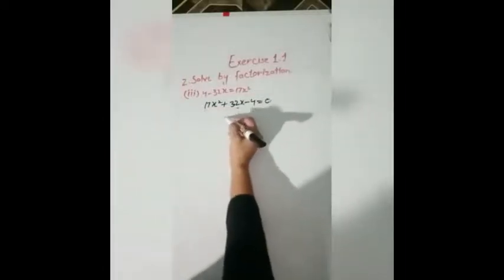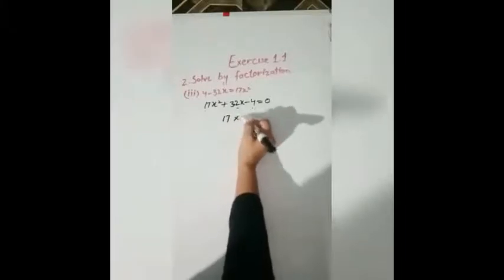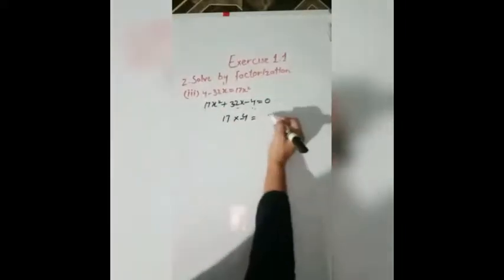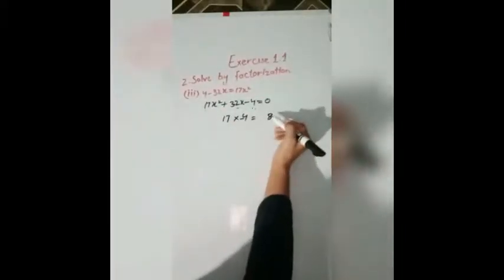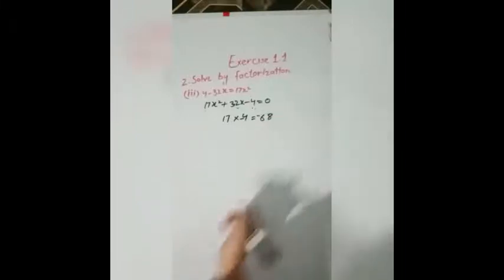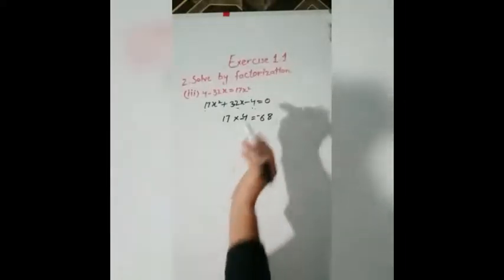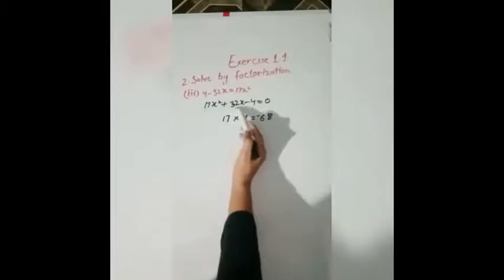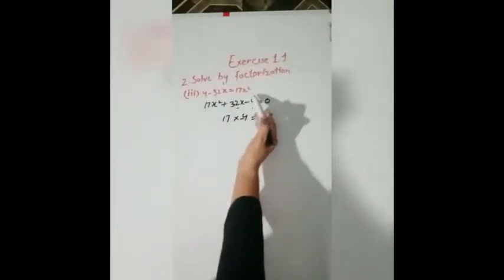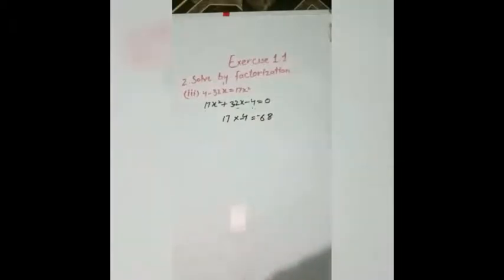Means 17 into minus 4 equals minus 68. So we have to find r and s in a way that the summation is equal to 32x and the product is equal to minus 68.